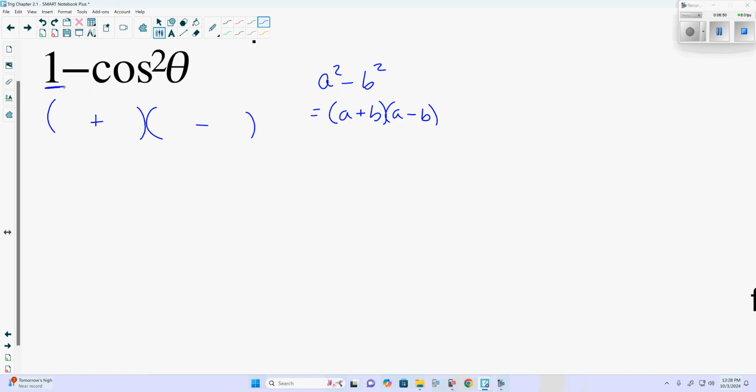Well, our first term, our value of a, would be 1, because 1 squared is 1. And the other term would be what? Cosine of theta, yep. Because really a, in our case, would be 1, b would be cosine. So we get 1 plus cosine and 1 minus cosine. Difference of perfect squares.